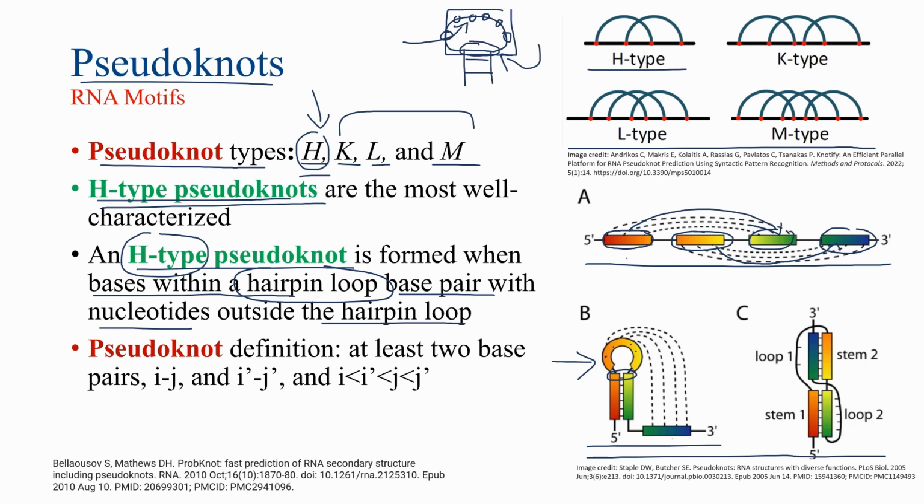As you can imagine, it was formed when this region of nucleotides base paired with this region of nucleotides. Mainly when this base pairing happened, this formed the hairpin loop, and you can see this by the color-coded figure. So here in this hairpin loop, you can see this region of the RNA linear stranded sequence.